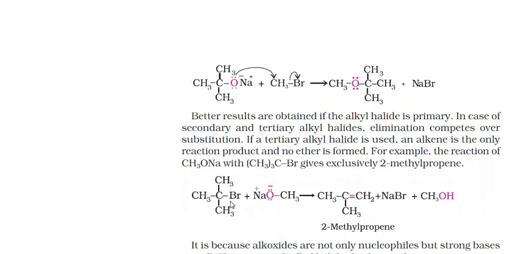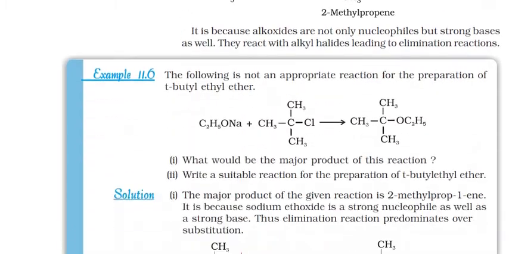It says if a tertiary alkyl halide is used, an alkene is the only reaction product and no ether is formed. So why is it so? Because in this reaction the elimination competes over the substitution. This is the reason.